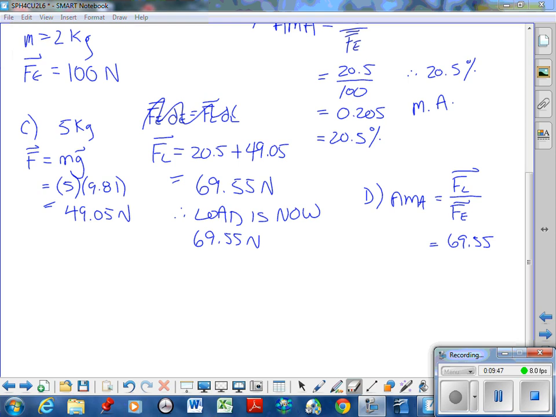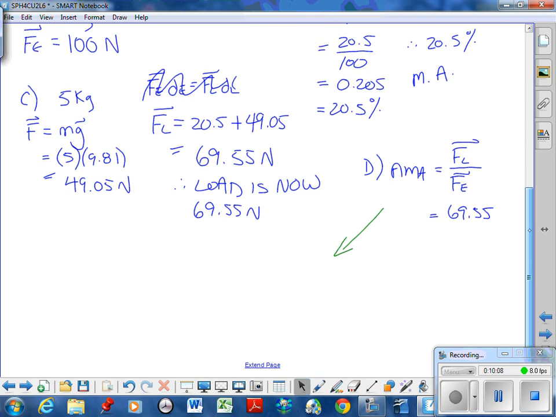I do apologize. We have to finish it off because that's the load. We need to find our effort force in order to answer D. So I guess technically I did answer C properly here, but down here, I'm making a mess in your notes, I know. I apologize for that, but we got to calculate FE in order to do this calculation properly. So we have to do FE DE equals FL DL.